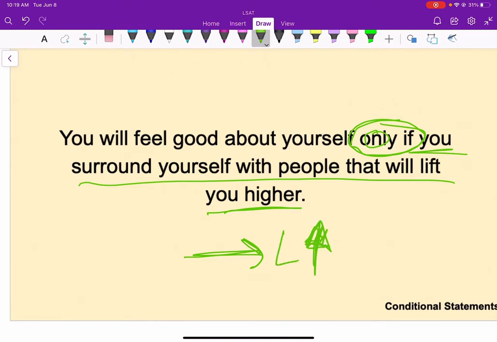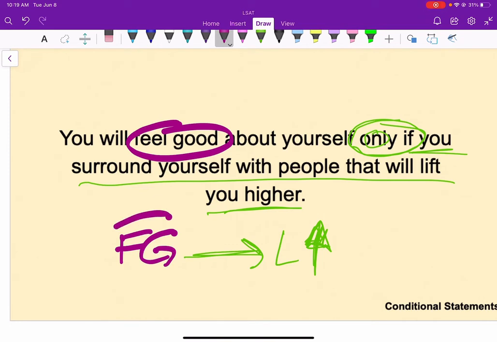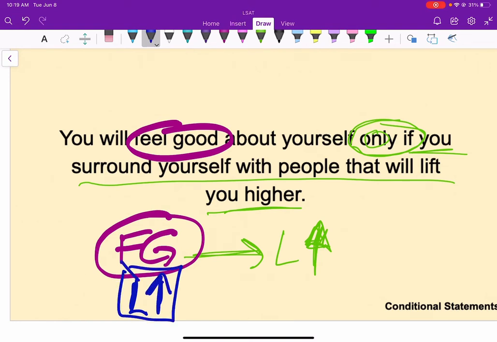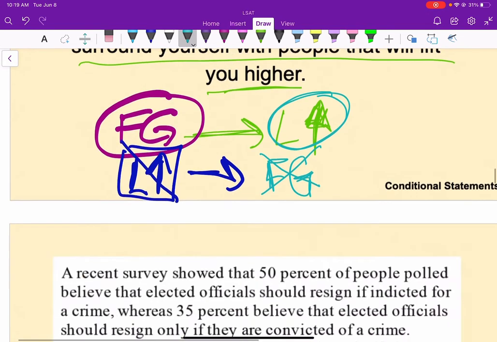And so then our sufficient condition is feeling good about yourself. So if you feel good about yourself, that's going to trigger or guarantee that you surrounded yourself with people that lift you higher. And so what happens is if you don't surround yourself with people that lift you higher, so I'm going to cross this off, that is sufficient for knowing that you must not feel good. And so we can see here how "only if" introduces our necessary.